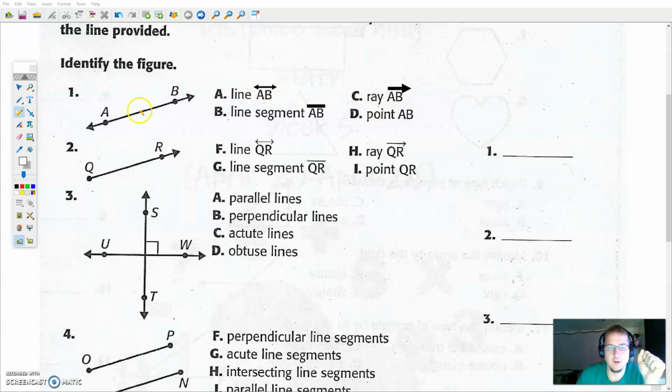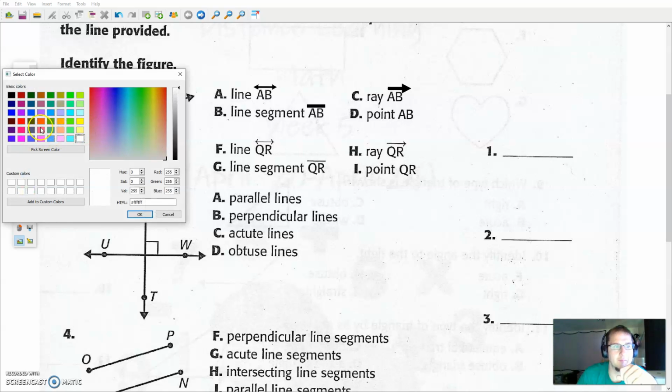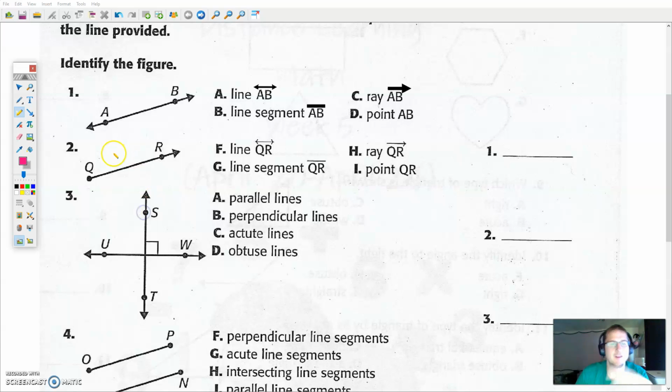So when I look at A, this is a line, which means line AB, not line segment, because that's both endpoints, but because I have arrows on both sides, and it's not a ray because it doesn't end on one side and keep going, and it's certainly not a point because it's a line.